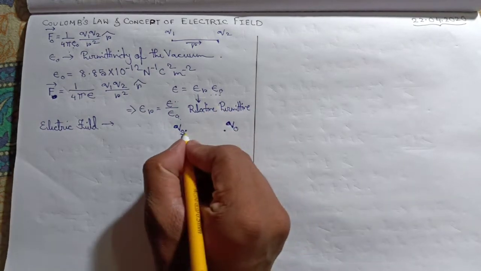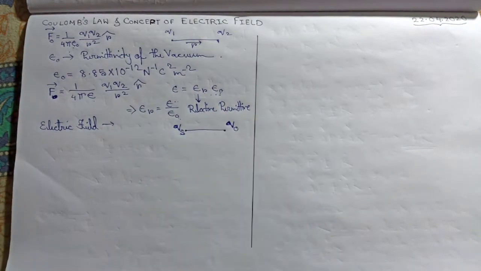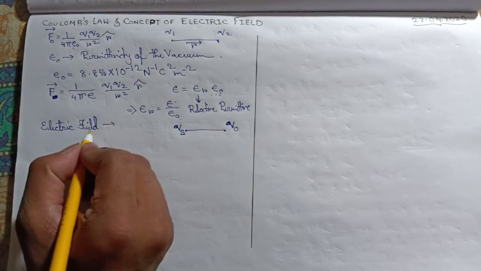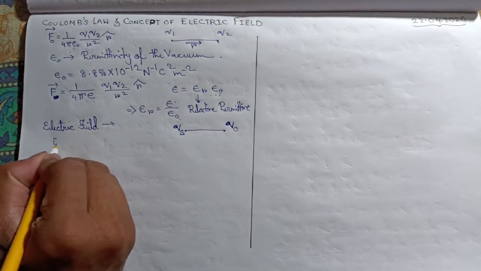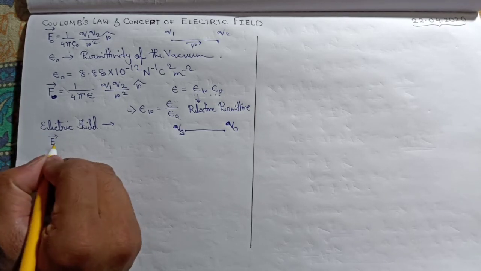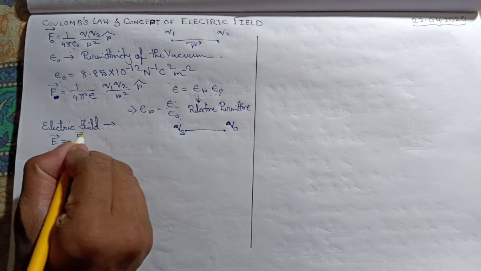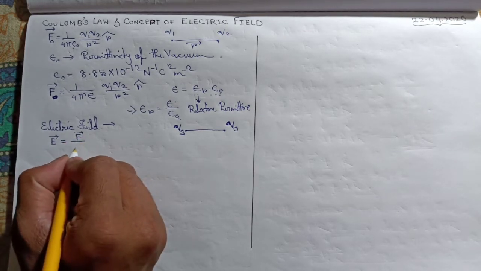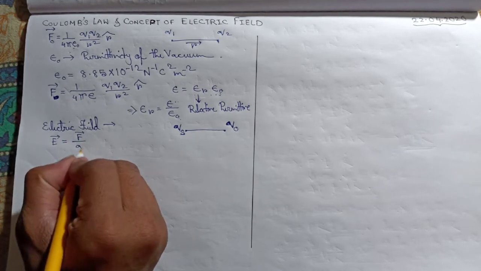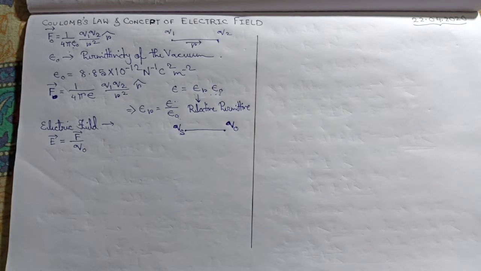Basically, electric field or electric field intensity is denoted by E. It is also a vector quantity, and the expression is force per unit positive charge, unit positive test charge actually. We'll say it later.